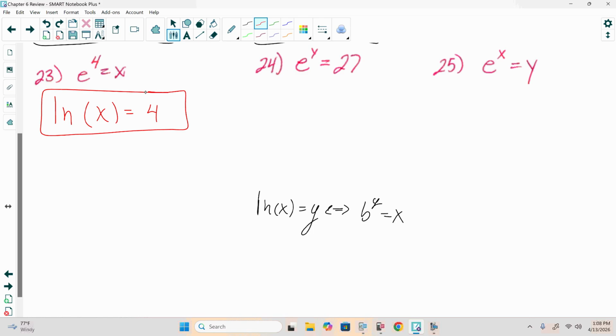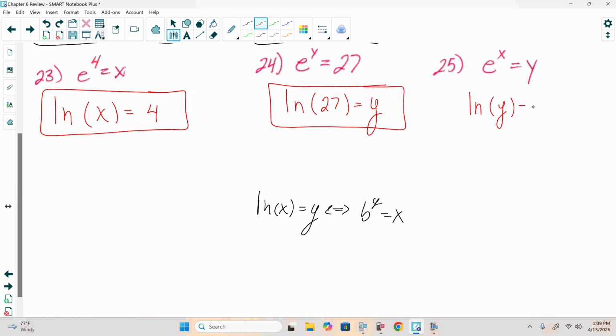E to the y equals 27, so natural log of 27 is equal to y. And lastly, e to the x is equal to y would be the natural log of y equals x. That's it.